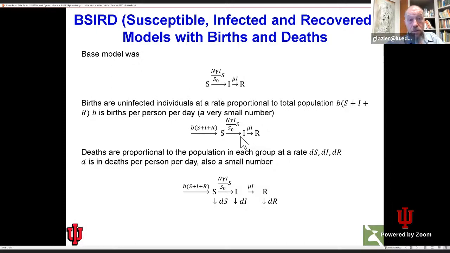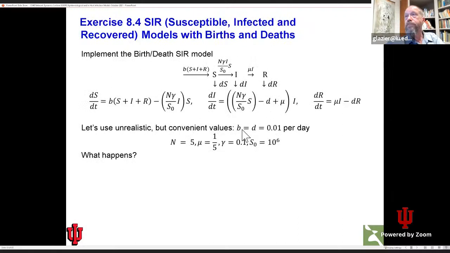In one case, we had 2 divided by 2 times 80 times 365, and here we have 1 over 80 times 365. So actually B and D are almost equal to each other. If you were in a country with a high birth rate, like Pakistan or many African countries, where you typically have 6 children per woman, then you would have B about 3 times the value of D.